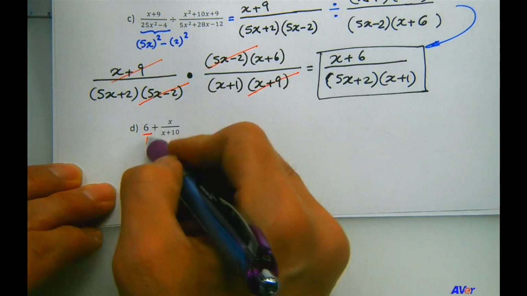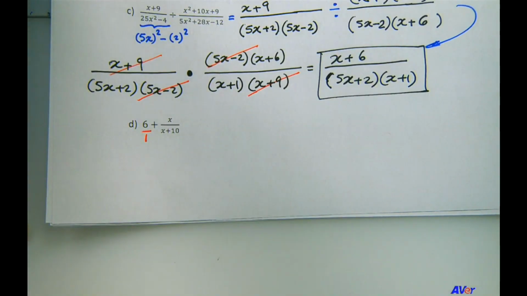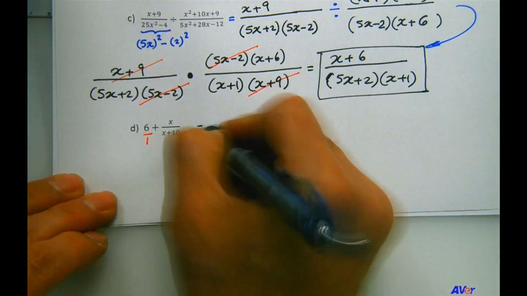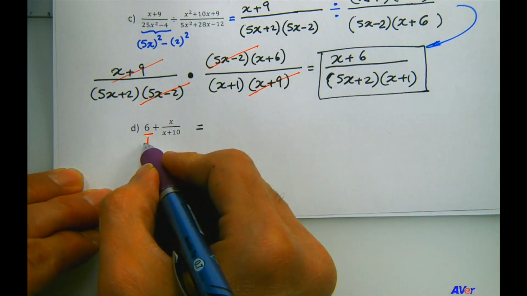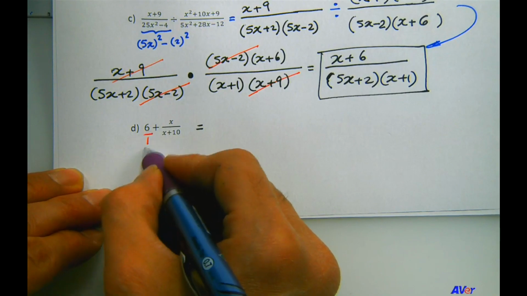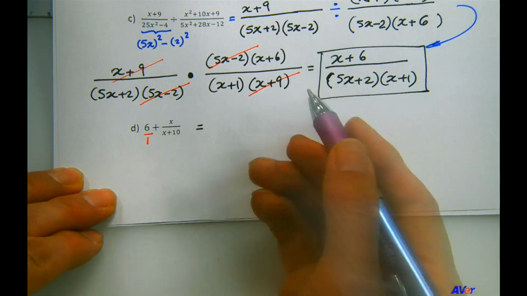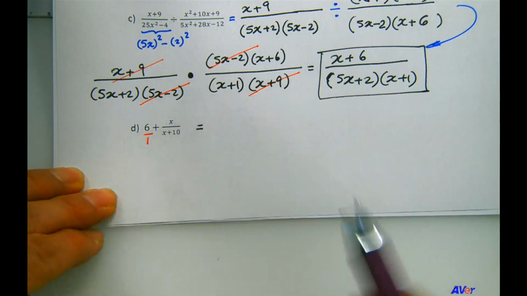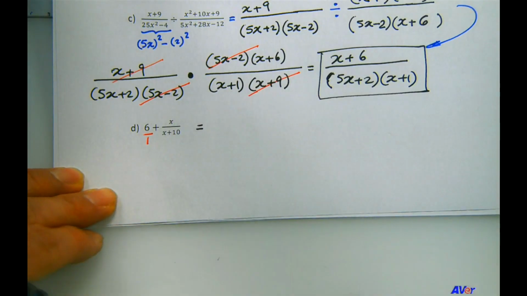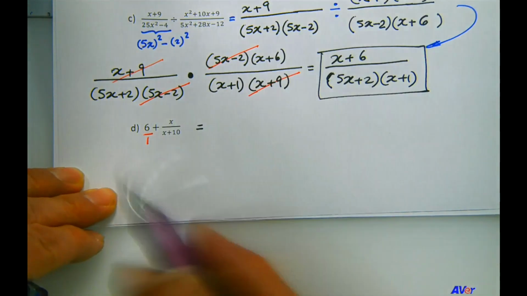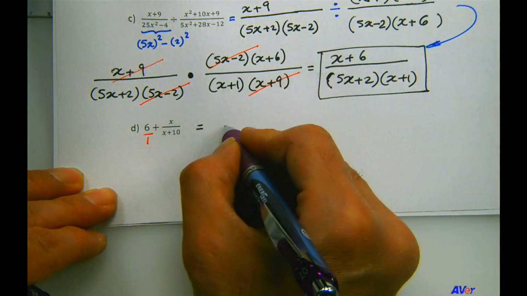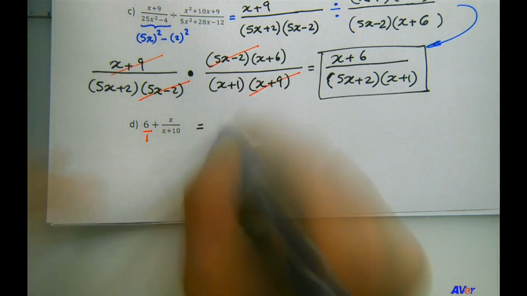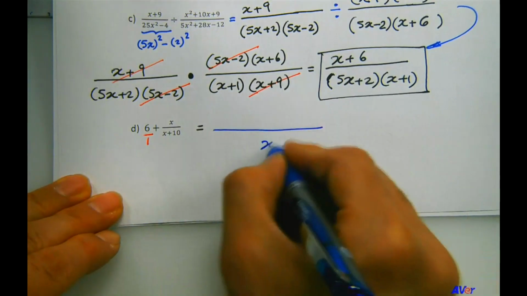So we need to have the common denominator here, which means we should multiply x plus 10 by the numerator and the denominator. There are different ways of thinking about taking a common denominator. Whichever one works for you, use that one. But the common denominator is x plus 10.